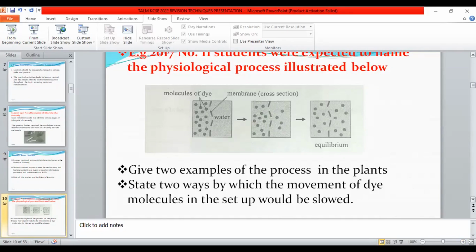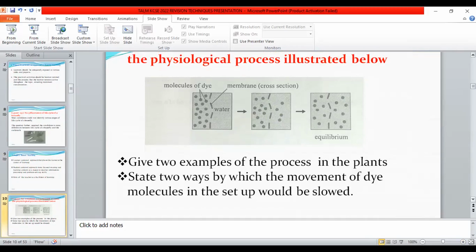And the last part, where students were told to state 2 ways by which the movement of the dye molecules in the setup would be slowed, was so challenging to the students because they had not even done that. Maybe if they did the activity on their own, they would have tried to investigate what will happen. For example, they use hot water as opposed to cold water and so forth.